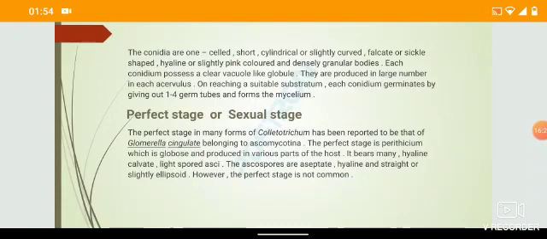So these ascospores are responsible for the formation of new mycelium, but this is not a very common method of reproduction in case of Colletotrichum. So the most common method of reproduction in Colletotrichum is the asexual method.